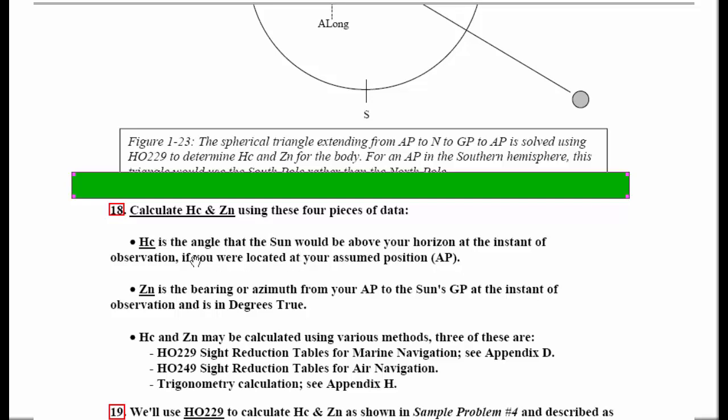And remember that HC is the angle that the sun would be above your horizon at the instant of observation if you were located at your assumed position. And Zn is the bearing or azimuth from your assumed position to the sun's GP at the instant of observation in degrees true.